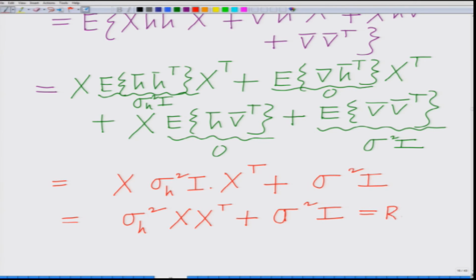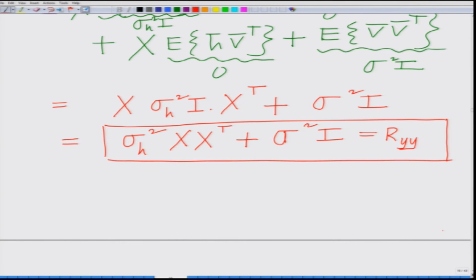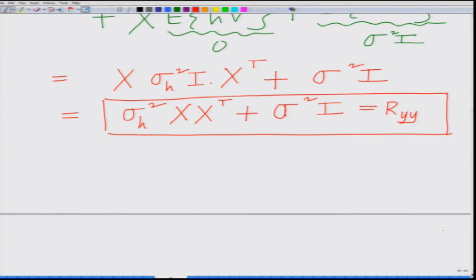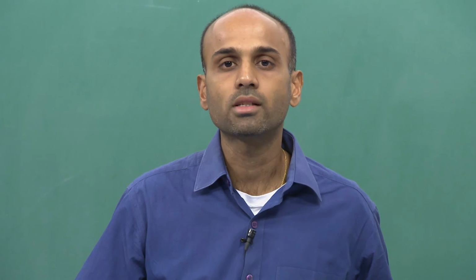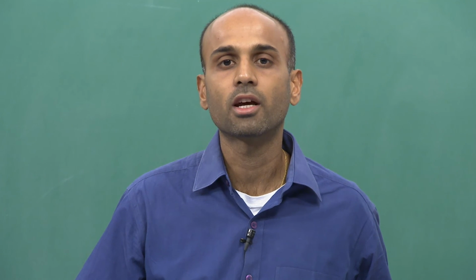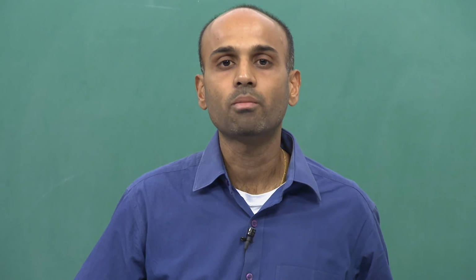This is your covariance matrix R y y, which is the expected value of y bar y bar transpose, that is sigma H square x x transpose plus sigma square times identity, where x, of course, you can recall, is the pilot matrix.